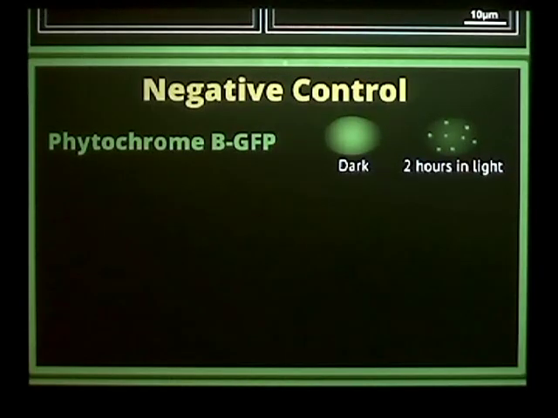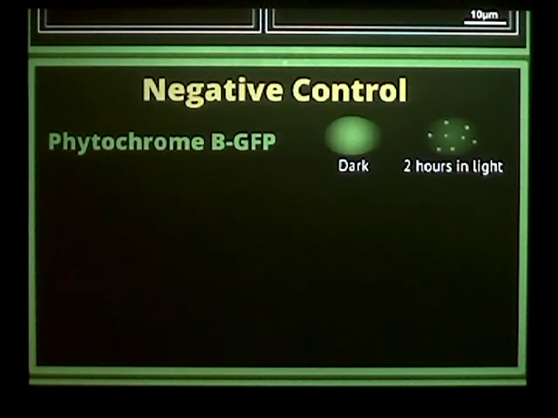So another thing you might be wondering is, what does sodium azide do to these transgenic fluorescent proteins in general? Is it possible that sodium azide just causes these transgenic proteins to clump together? So I was able to get some phytochrome B GFP seeds from the Virster lab next door, which was very nice of them, to use as a negative control. Phytochrome B is an Arabidopsis protein involved in light sensing and the shade response. But like cactin, it's a nuclear protein.